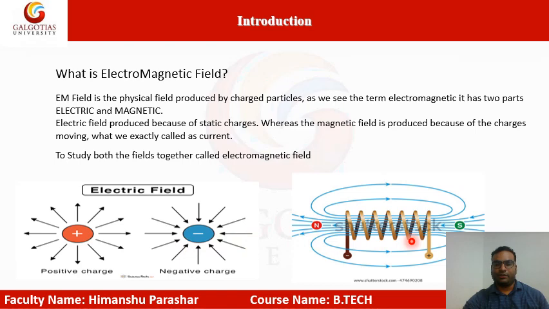And if we are talking about the magnetic field, it is like moving charges in a coil. To study both the fields together, we use the term electromagnetic field theory.